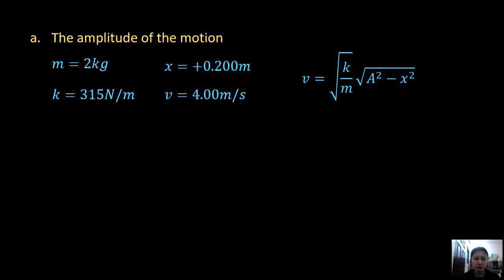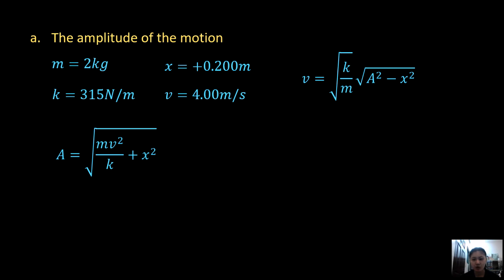We isolate A, the amplitude, using this velocity formula. Using algebra, we get A equals the square root of the quantity of mass times velocity squared divided by the force constant, plus the distance squared, or x squared.